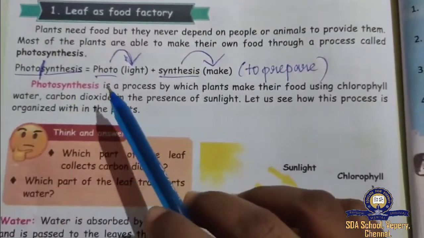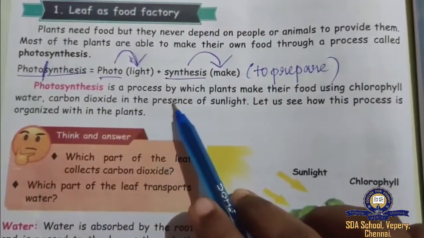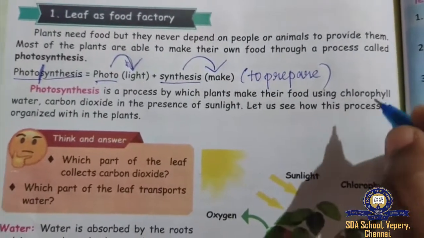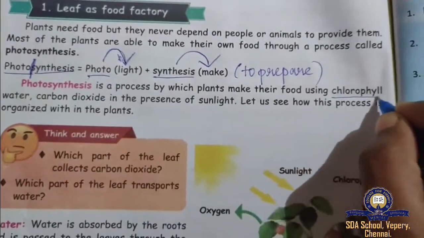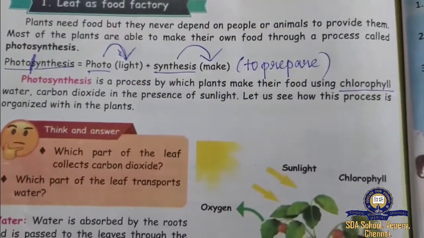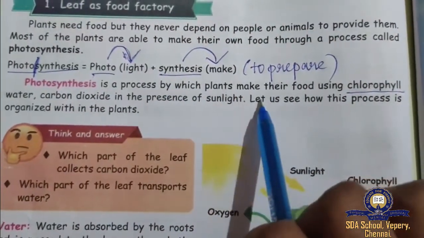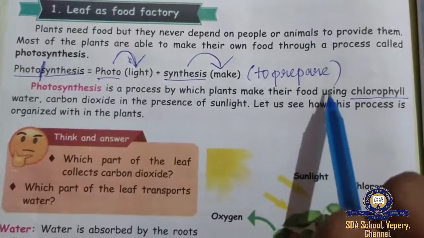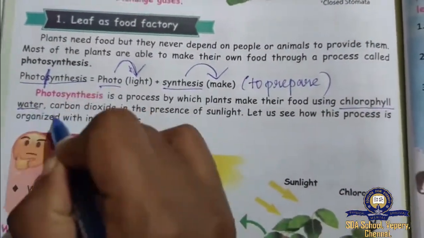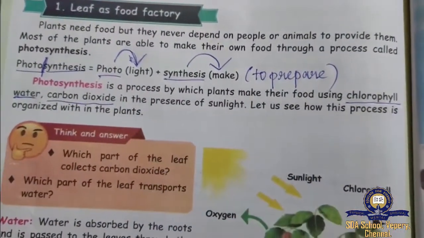Now we are going to learn the process of photosynthesis. Photosynthesis is a process by which plants make their own food using chlorophyll, water and carbon dioxide. These three are very important in photosynthesis.